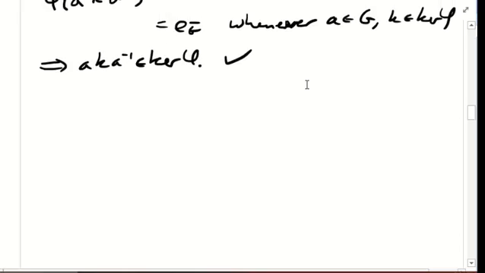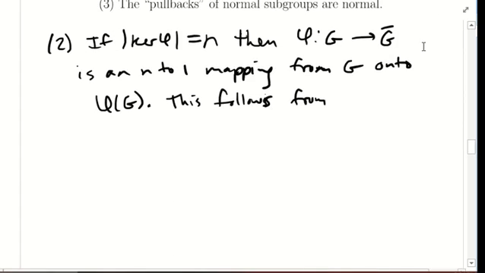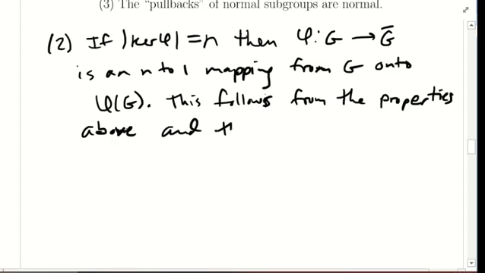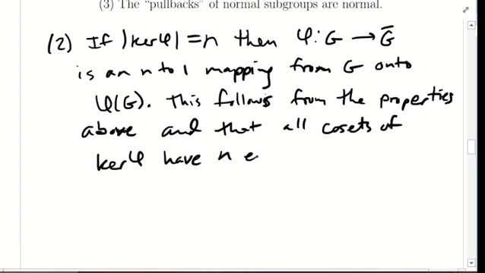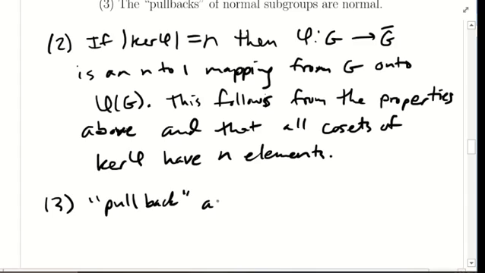So the properties above, and that all cosets of kernel phi have n elements. Okay. All right. So what is a pullback? Right. Pullback, aka inverse image.